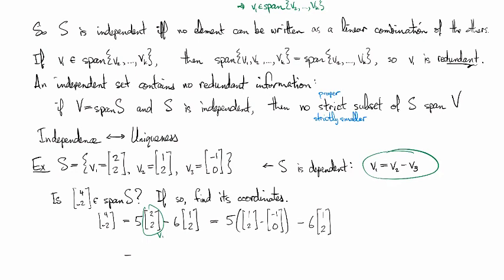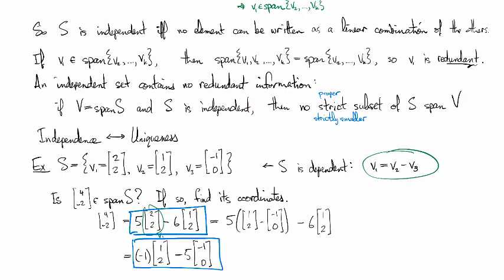Collecting up the coefficients, I have a coefficient of -1 times (1, 2) minus 5 times (-1, 0). So here's one perfectly valid way of expressing (4, -2) in terms of elements of S. Here's another perfectly valid way of expressing (4, -2) in terms of elements of S. And they have different coordinates.